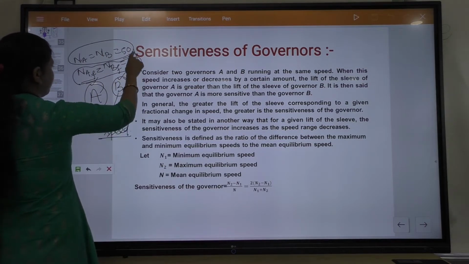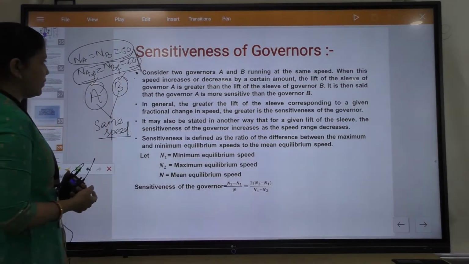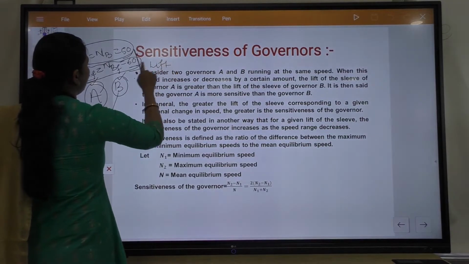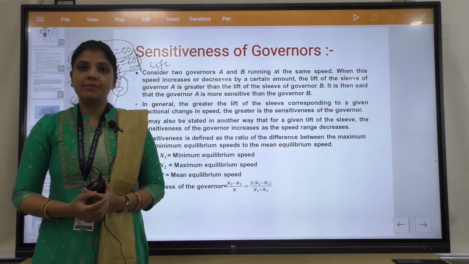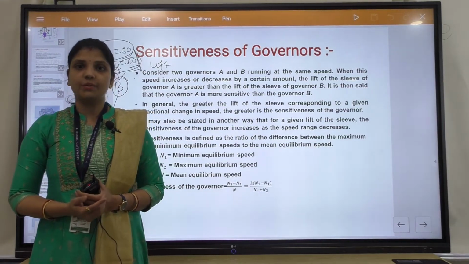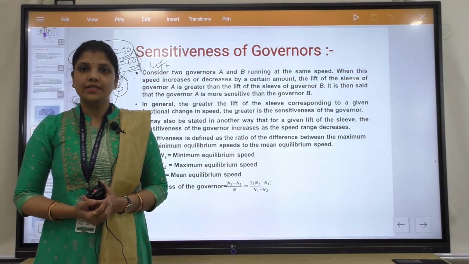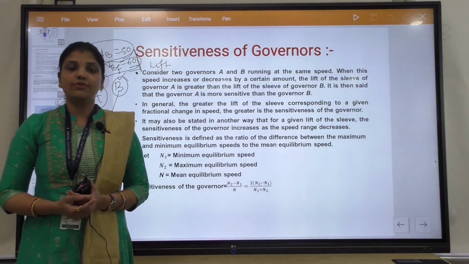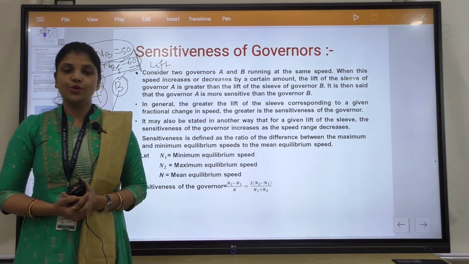So, if we are changing the speed, then we can see there is lift in the sleeve of governor A and B. If the lift of sleeve of governor A is more than lift of sleeve of governor B, that means governor A is more sensitive than governor B. So, from the lifting of sleeve, we can recognize which governor is more sensitive.